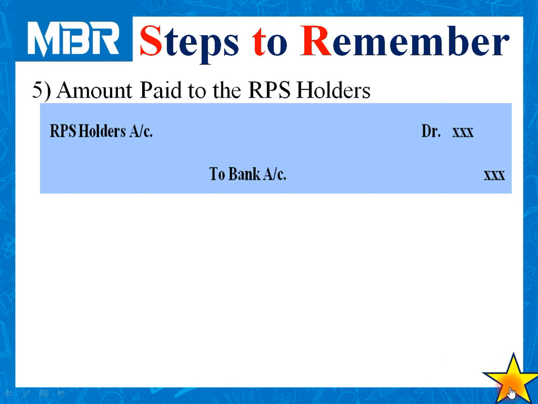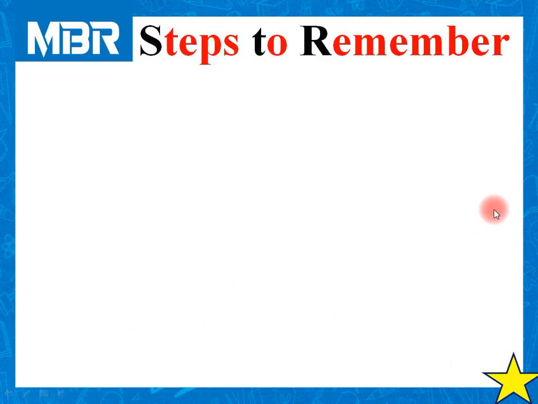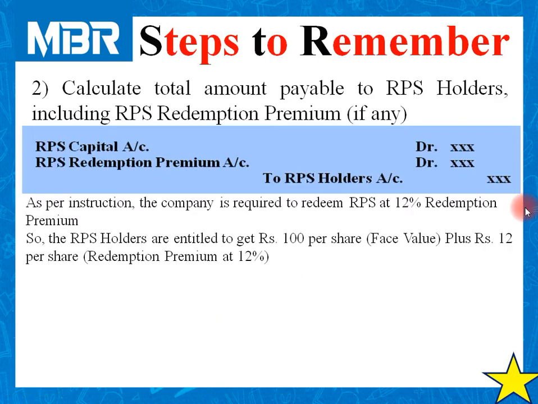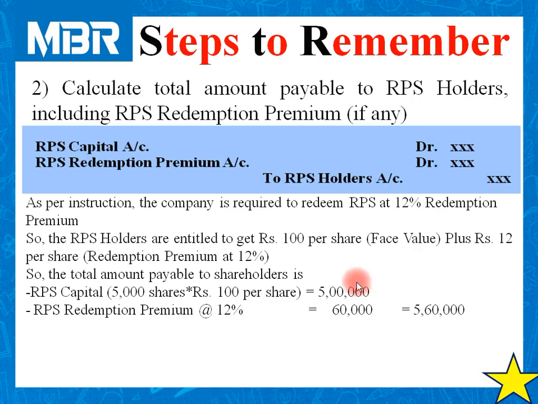Total amount payable to the shareholders is 5,60,000. Out of that 5,60,000, we have arranged rupees 5 lakhs for capital part. It means still arrangement of rupees 60,000 is pending. Let us move to step number 4.